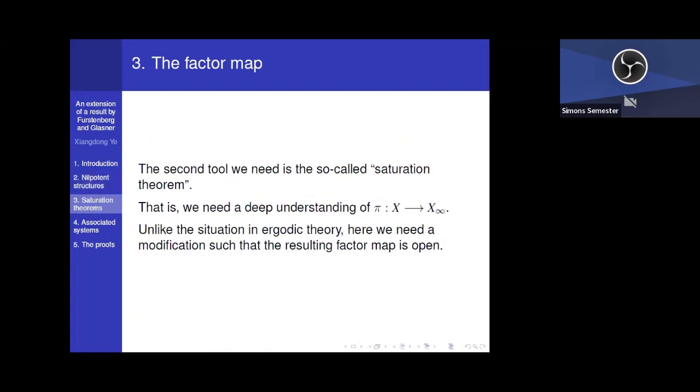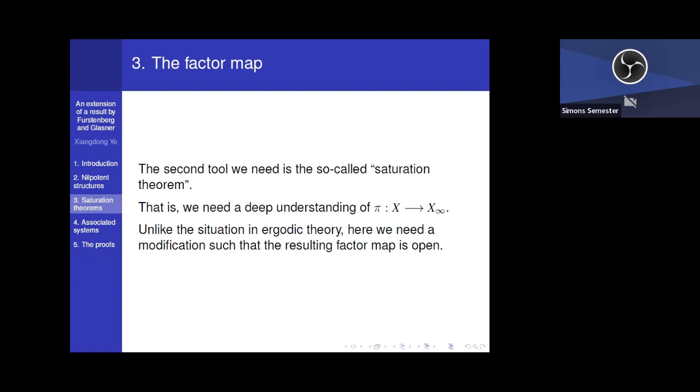I'll go very fast. The second tool we need is the so-called saturation theory. In ergodic theory, if you want to know the L2 convergence of multiple ergodic averages, by the result of Host and Kra, you know that it can be controlled by the expectation of f with respect to the Z_{k-1} factor, the Pronilfactor.